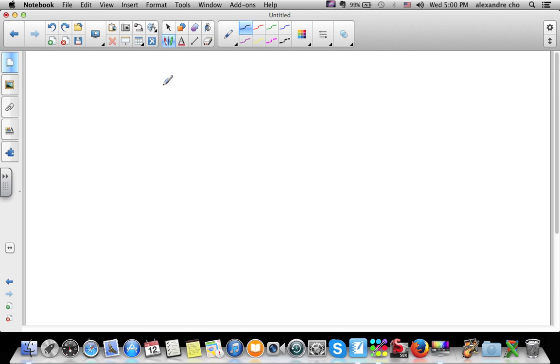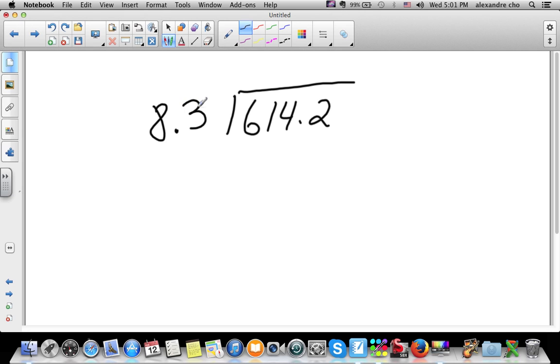9. A gallon of water weighs 8.3 pounds. How many gallons of water are there in 614.2 pounds? Well, I have a total of 614.2 pounds. And I want to know how many times 8.3 can go in there. That will give you the number of gallons.